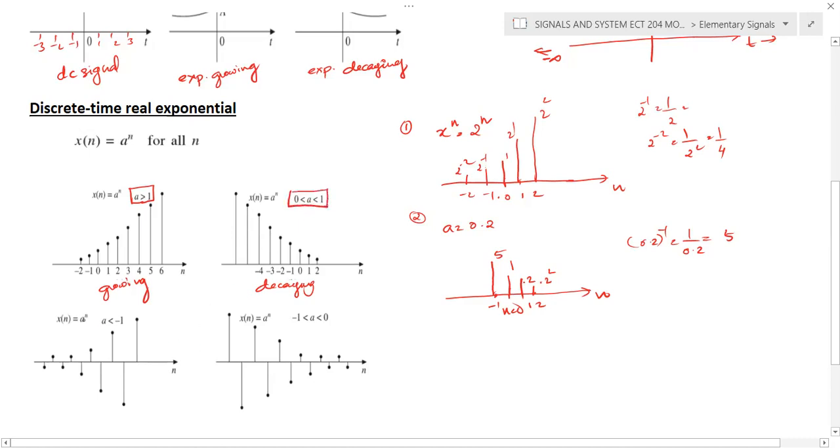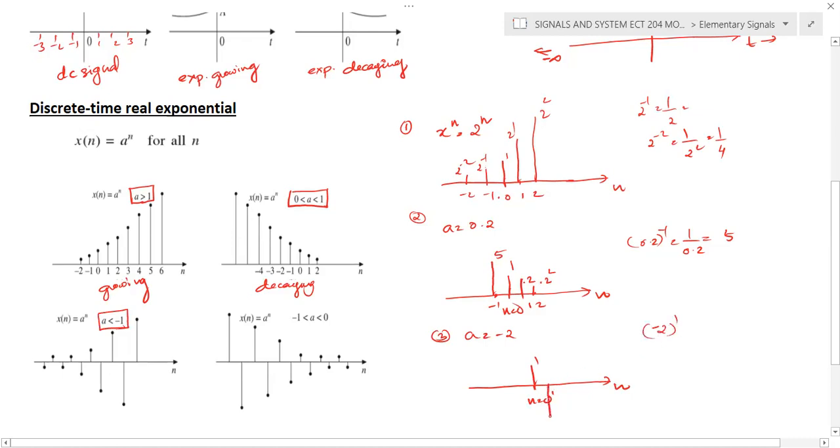Now we can evaluate the case where a is less than minus 1. We can assume that a is minus 2. If a is equal to minus 2, you can see the behavior. At n equal to 0, it's minus 2 raised to 0, which is equal to 1. At n equal to 1, it's minus 2 raised to 1, which is equal to minus 2.